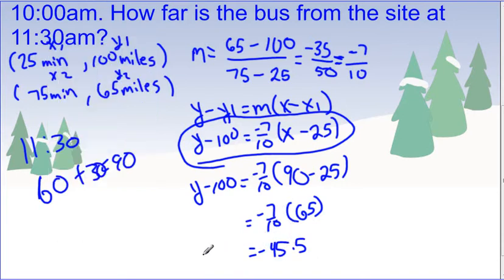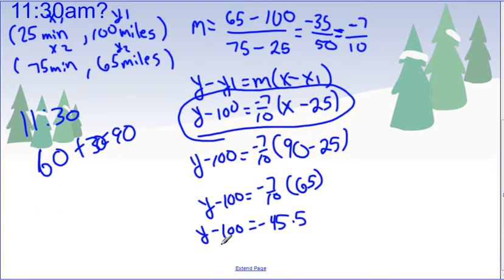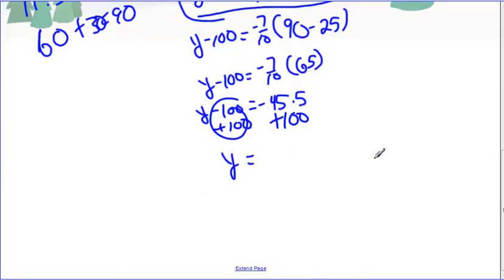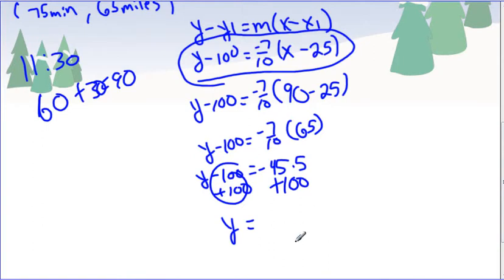Okay, and that is still y minus 100. Almost done. Add 100 to both sides to solve this equation. Y equals negative 45.5 plus 100.